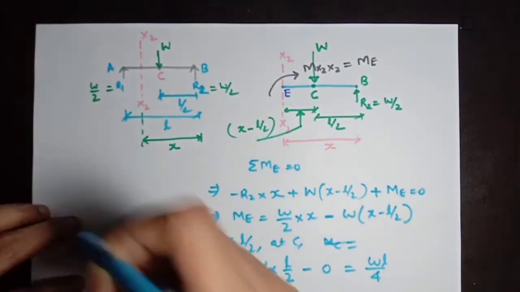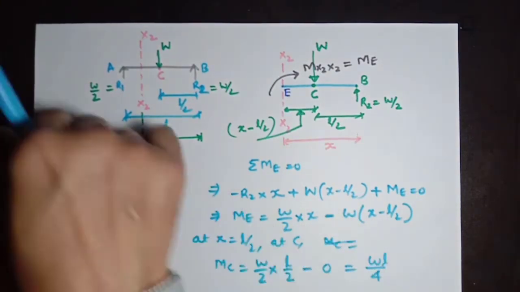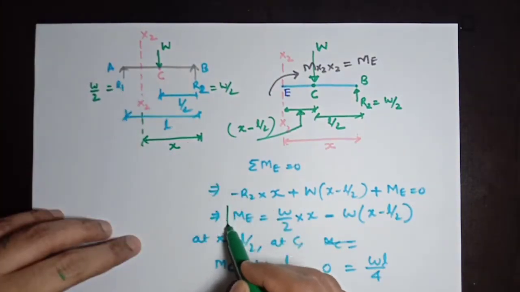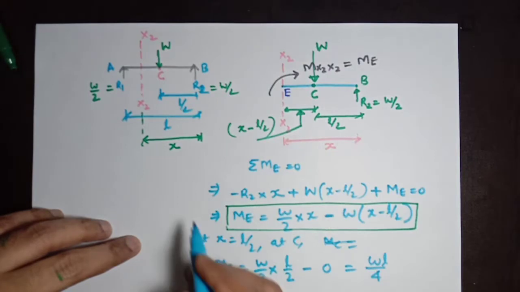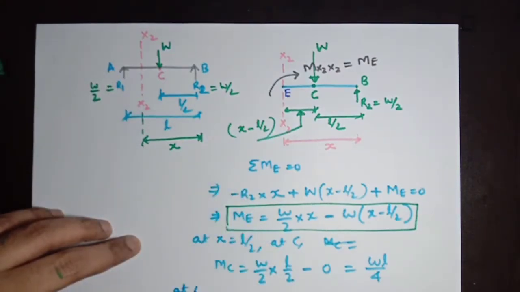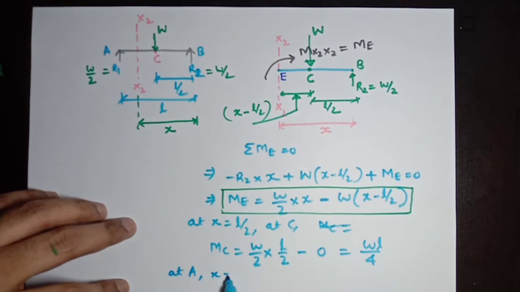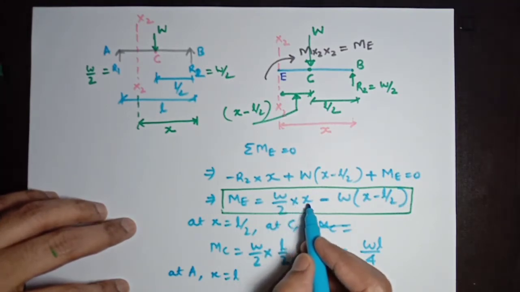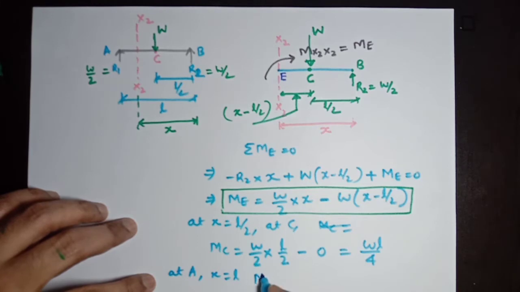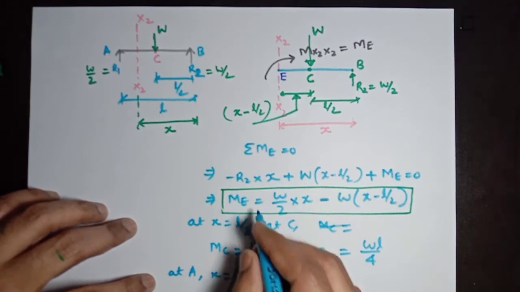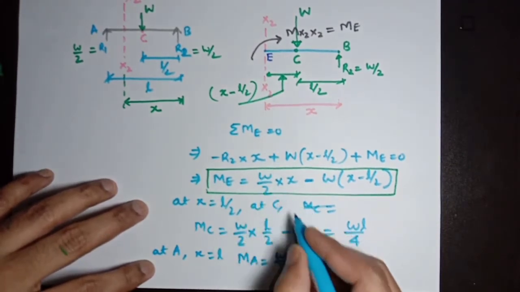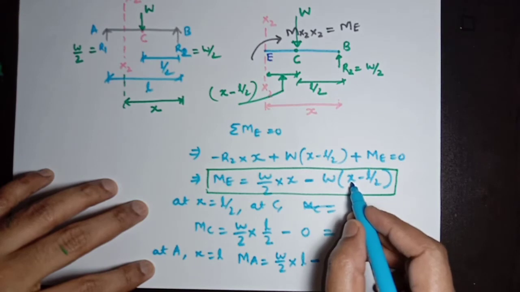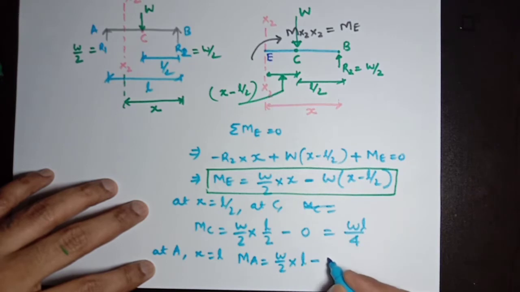Now from this general expression, which is the general expression at any section x2, we can find the moment at A. At A, you can see x equal to L. Putting x equal to L here, it will give a moment which will be designated as MA, whose value will be W divided by 2 into L, minus W into, in place of x we put L, so L minus L by 2 will be L by 2.